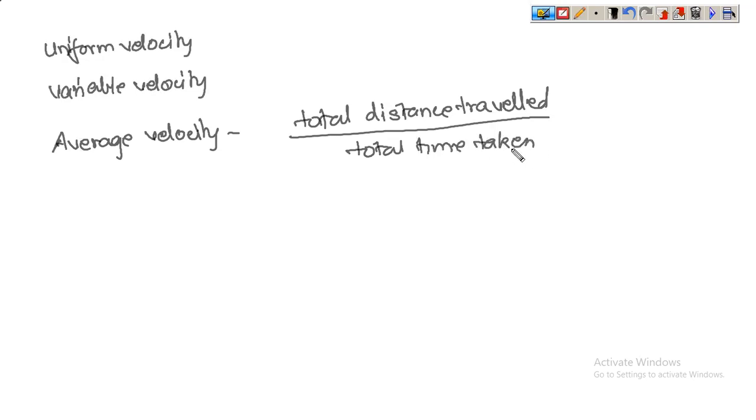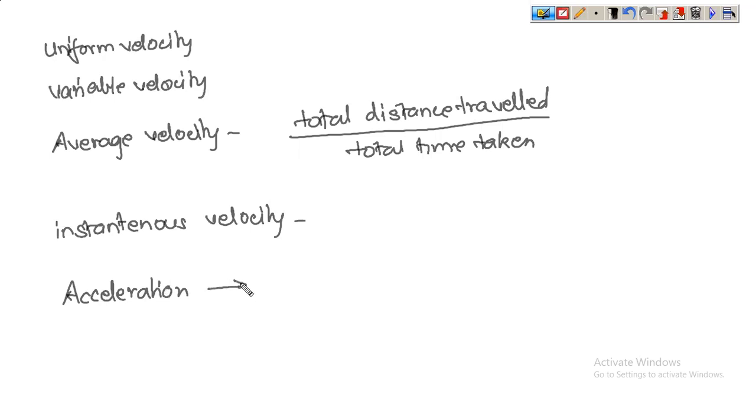So this gives you the average velocity. You have another term that you may come across, that is instantaneous velocity. Instantaneous velocity is the velocity at a certain instant of time, and that gives you the velocity at a specific instant. Now the next is acceleration.